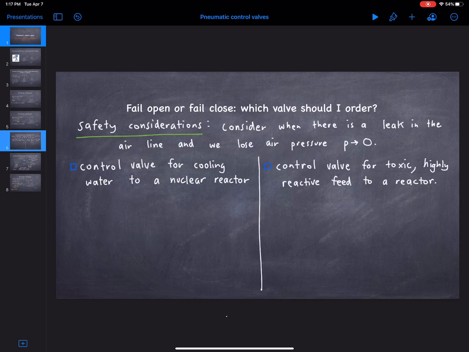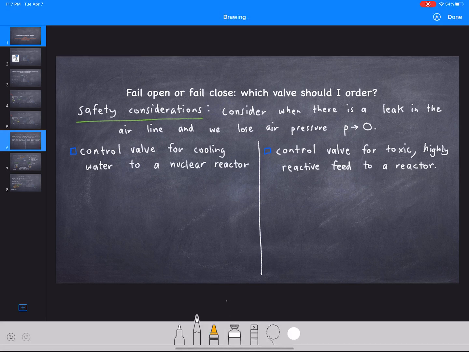So let's consider a situation where there's a leak in the airline and we lose air pressure. So now the pneumatic signal goes to 0. Let's consider two situations. In one situation, you have a control valve for cooling water to a nuclear reactor. And what we need to do is think about what happens when you lose air. What we want is the valve to fail such that we maintain cooling water flow to the nuclear reactor to avoid a meltdown.